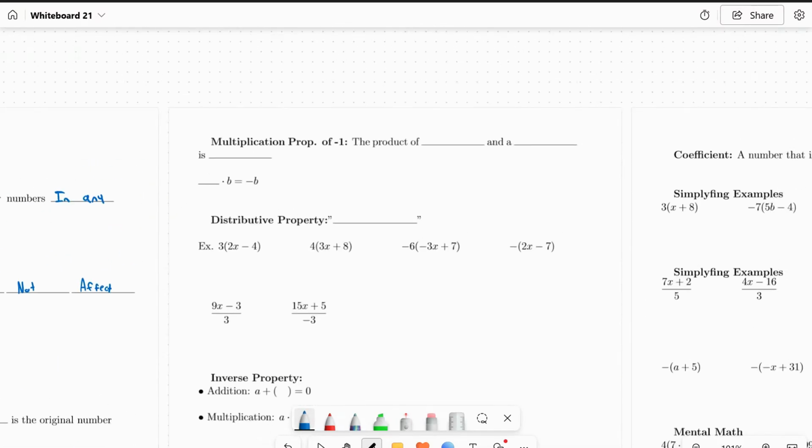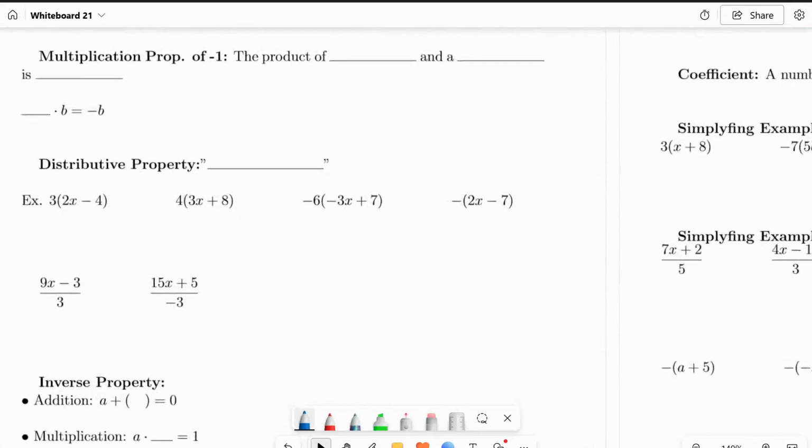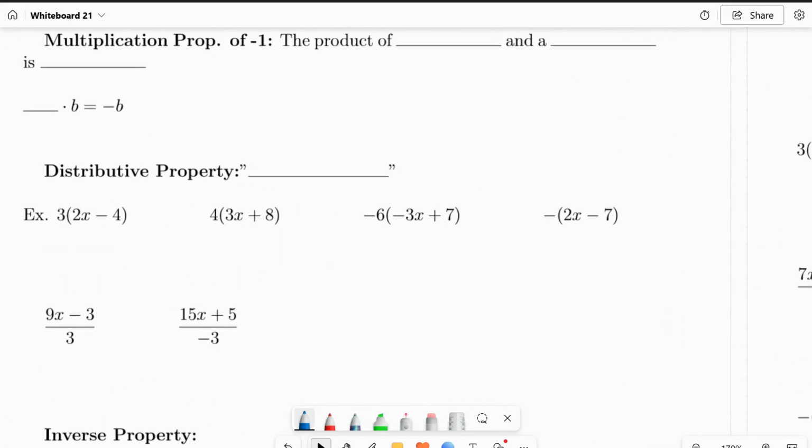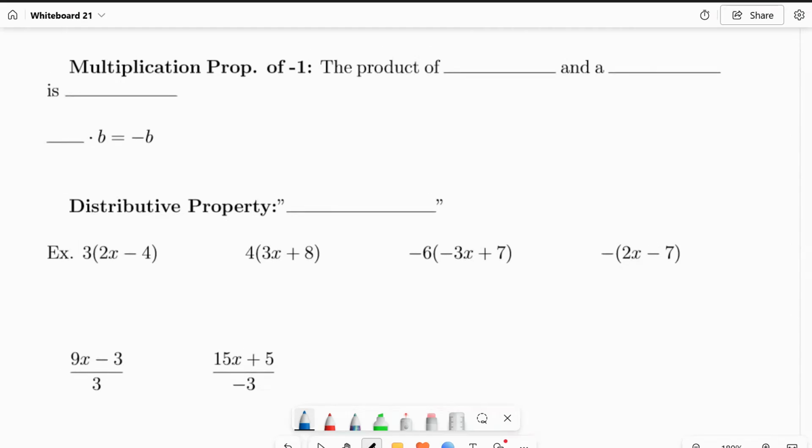All right, a couple more properties here. We have the multiplication property of -1, which tells us the product of -1 and any positive number is negative.